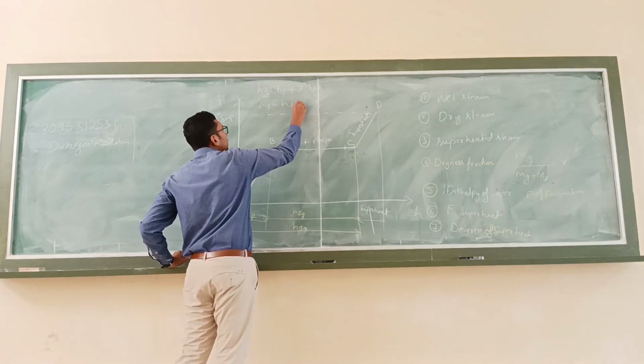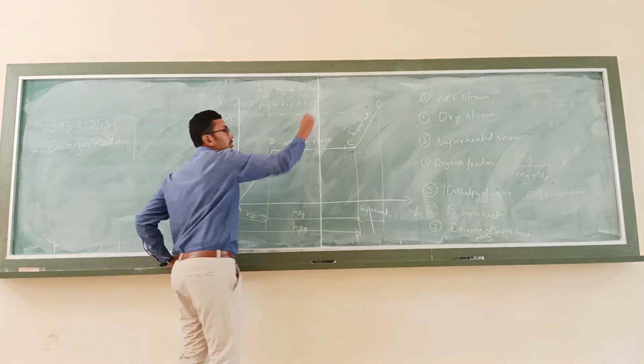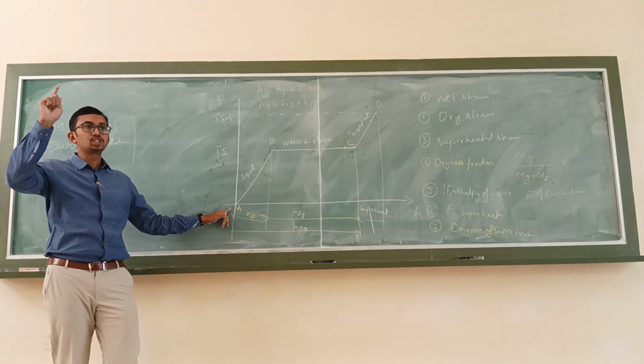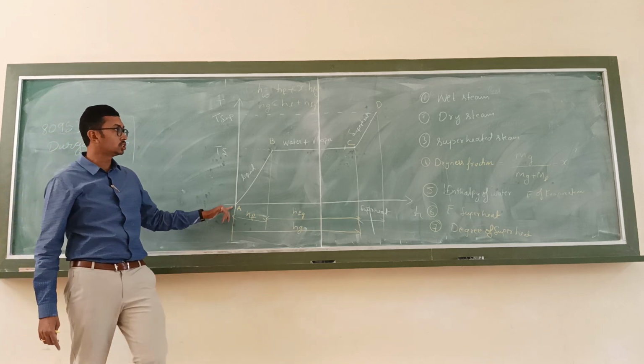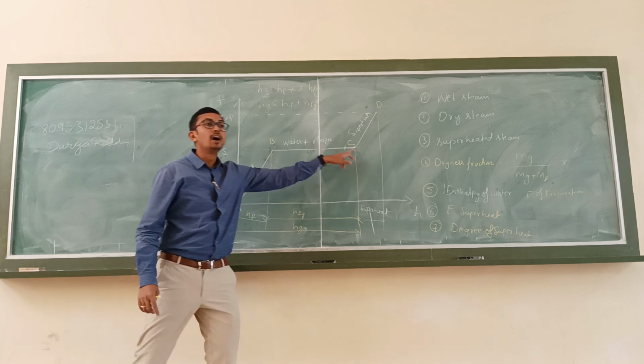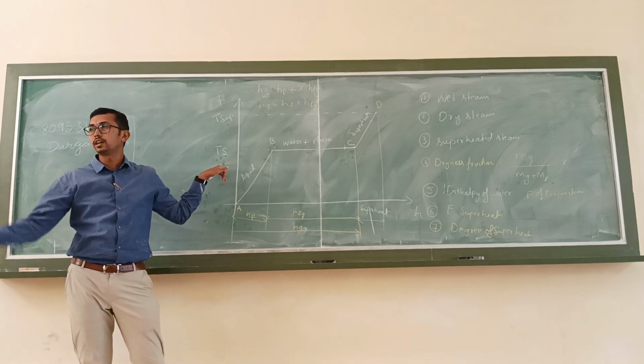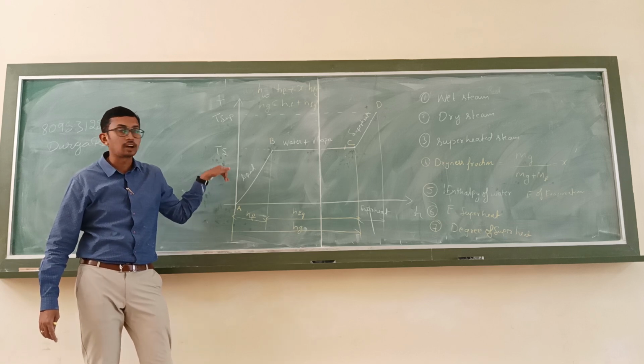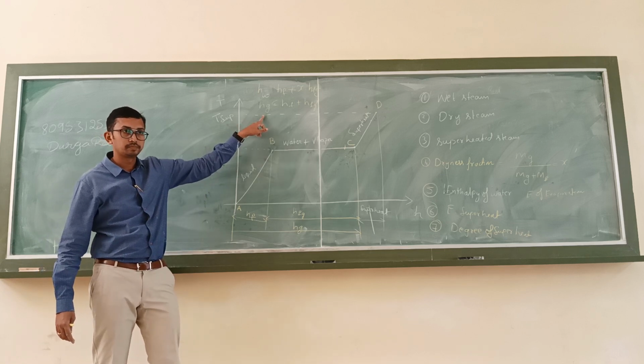Hf plus Hfg. Correct? Amount of heat required to convert 1 kg of water from 0 degrees Celsius to dry steam at saturation temperature at given constant pressure is called as what? Enthalpy of dry saturated steam.